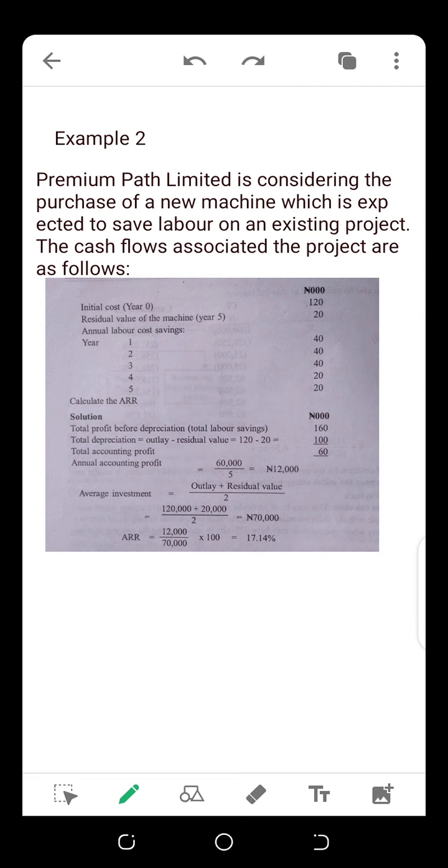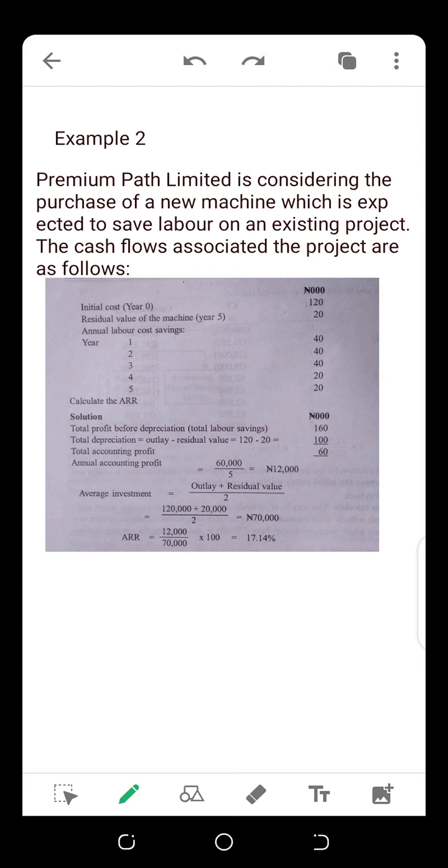Example 2, Premium Part Limited is considering the purchase of a new machine, which is expected to save labor on an existing project. The cash flows associated with the project are as follows. These are the cash flows in thousands, please.